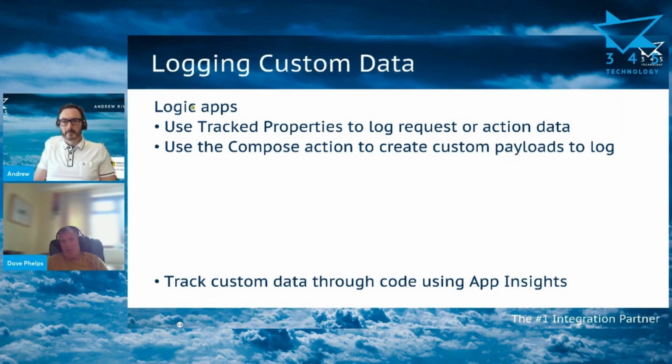And then that entire payload gets written to Application Insights for you to then go and query as you want to. So I think it's really about thinking where the data is that you're after. And if it's available in the action or in the request, then you can just go and log that straight away. But if you want something more custom, then Compose is a really good way of doing that.